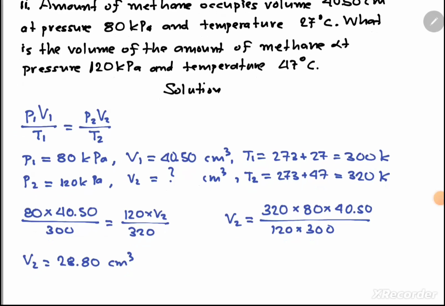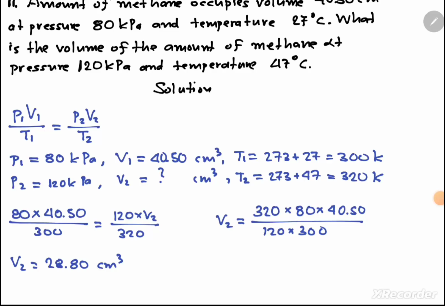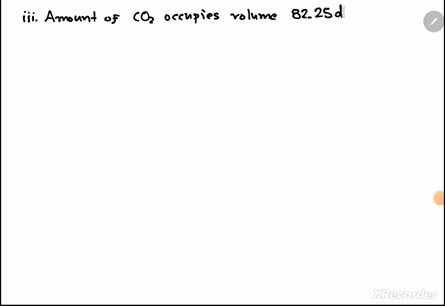Let's see example 3. Amount of carbon dioxide occupies volume 22.25 dm to the cube at pressure 100 kilopascal.